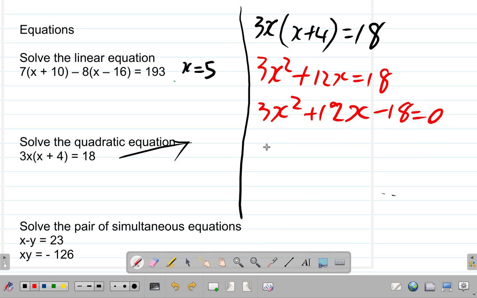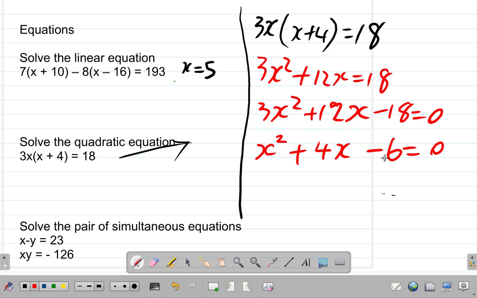When you divide this by 3, 3 cancels 3 and you get x squared, plus 3 into 12 goes 4, that's 4x, minus 3 into 18 goes 6 times, 3 into 0 goes 0 times. So this is what you have. All right. Can this be done by factorization?